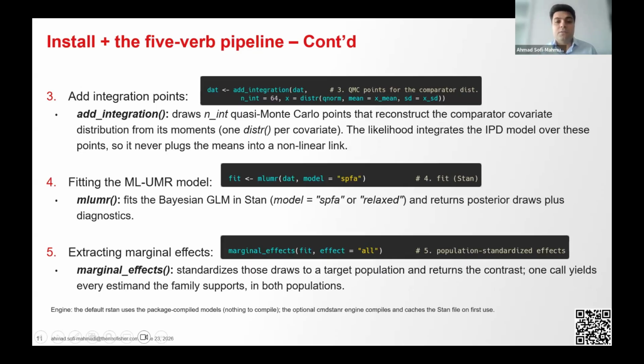And then you fit the mlumr model. In here, as you can see, for model, you can select either SPFA or relaxed, and then you extract the effects using marginal effects, conditional effects, or just use the summary function in R.